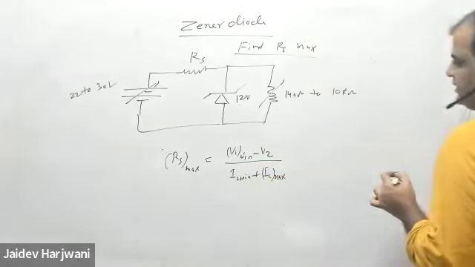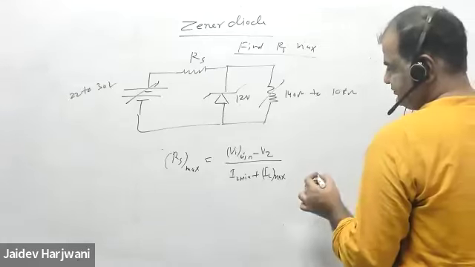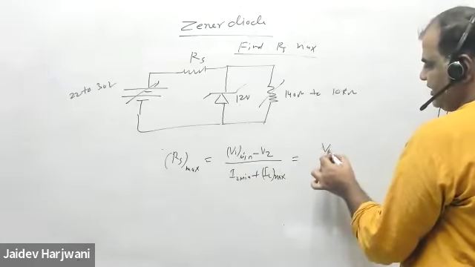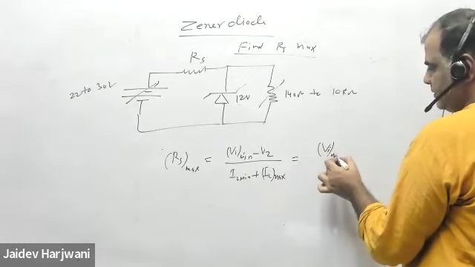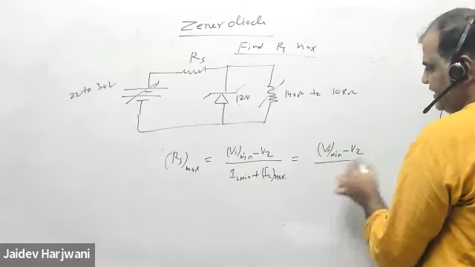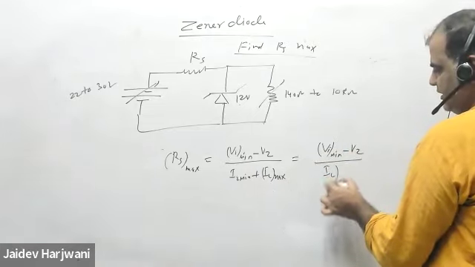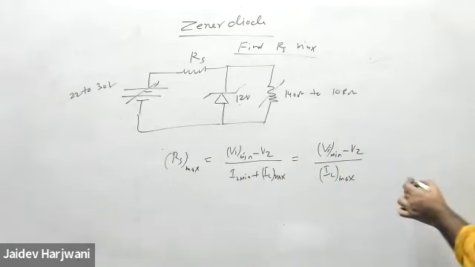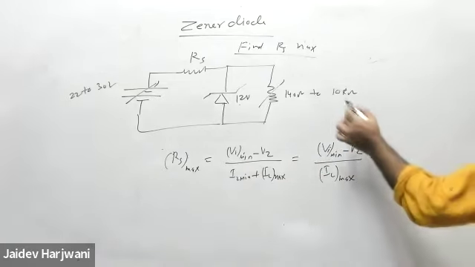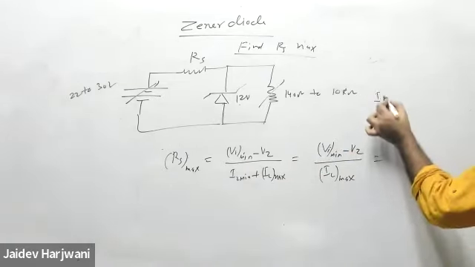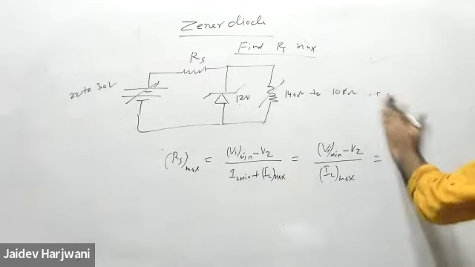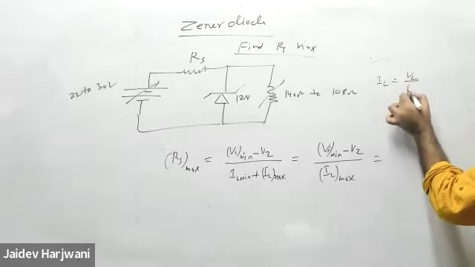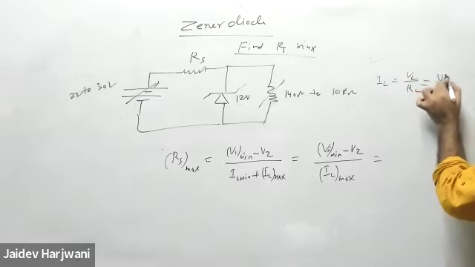Okay. So I'll take IZ minimum 0, as it is not given. So I can write VI minimum minus VZ. I want to find IL max. And IL max will be what? IL is your VL upon RL, and VL is equal to VZ.